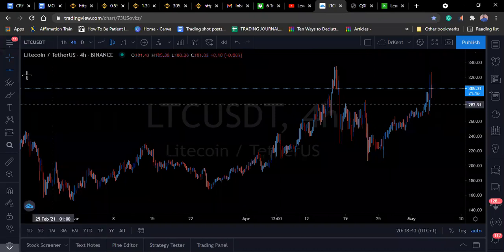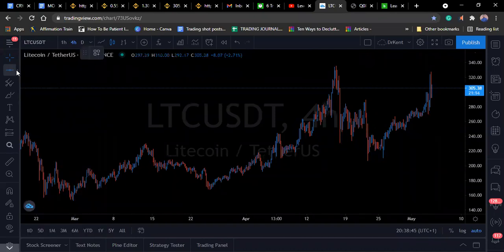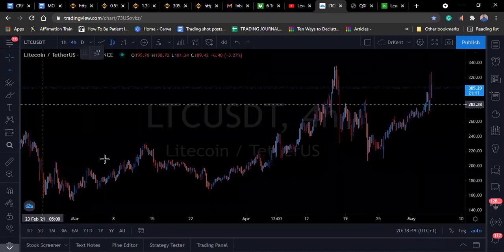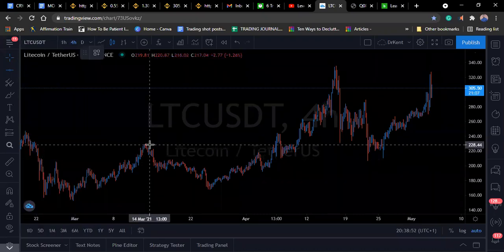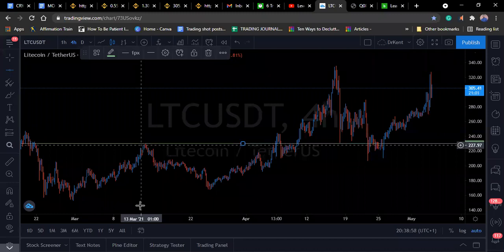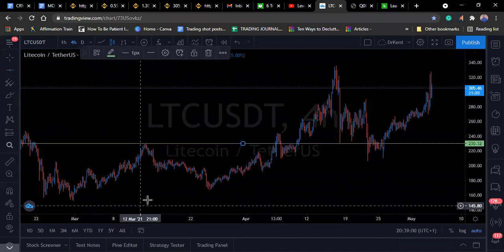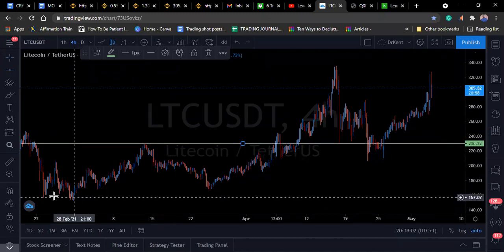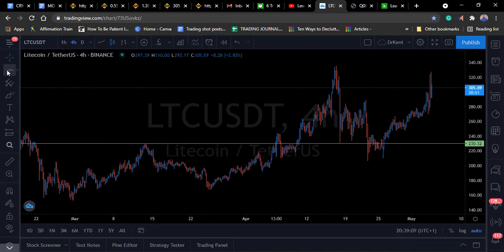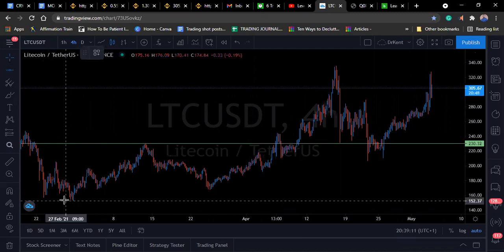So let's pick our horizontal line. We'll come here, click here, look for horizontal line. Let's pick this horizontal line. We're going to try to pick the high points where price got to and fell, one of which is this. Then let's pick again the low points where price got to and turned around. One of them is here. We'll pick our horizontal line again, place it here.